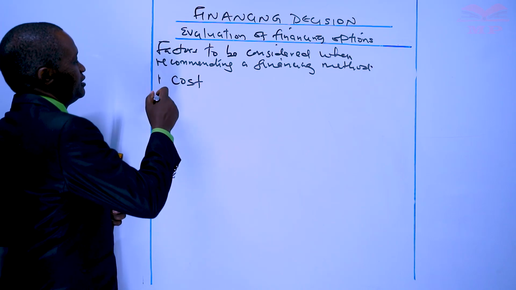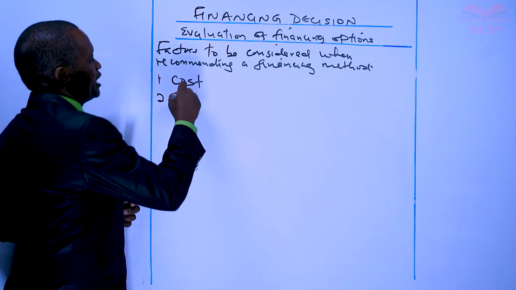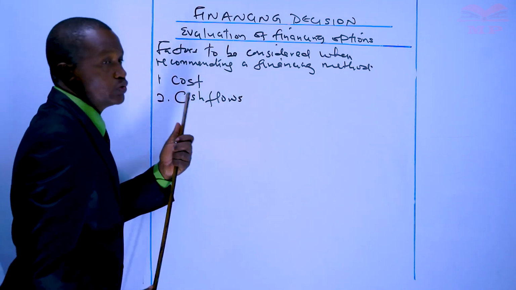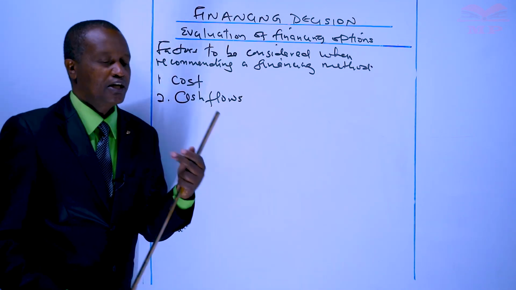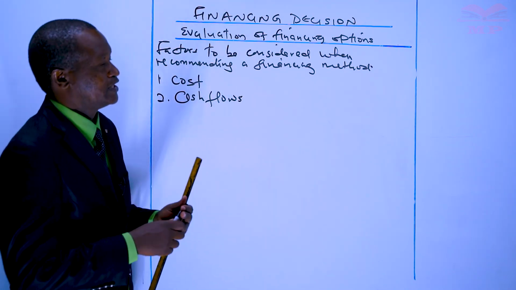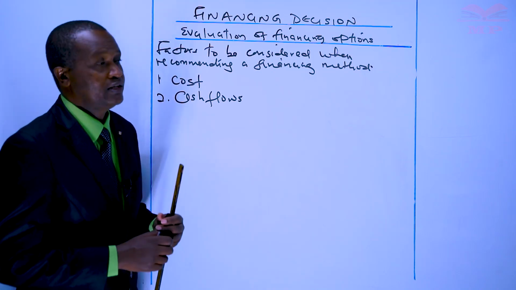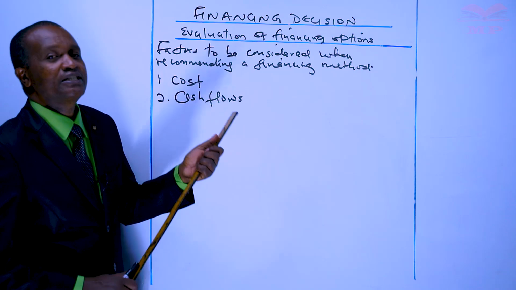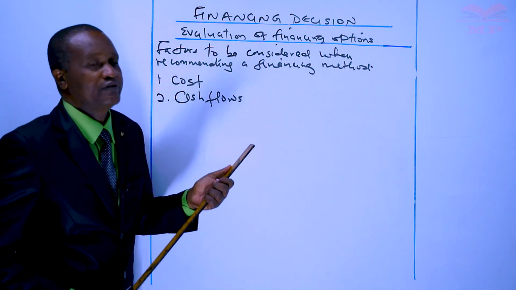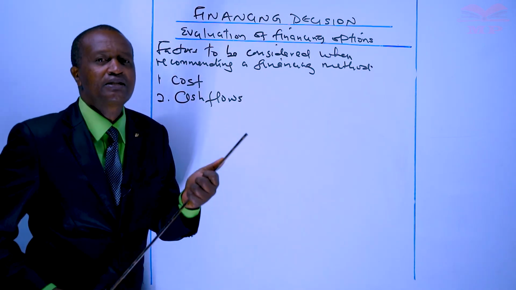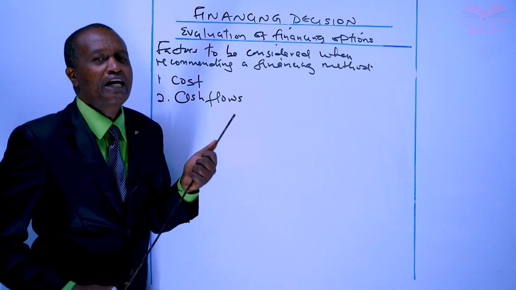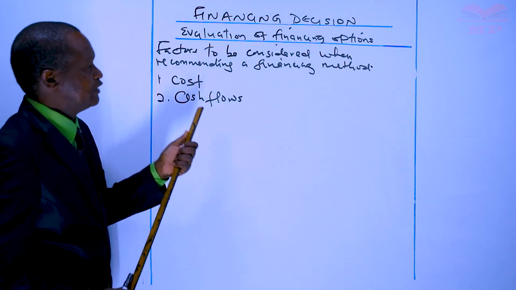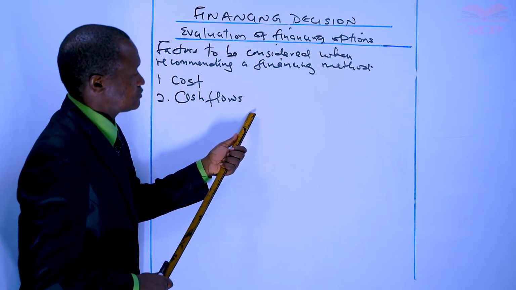The second factor is cash flows. Now, I just mentioned that generally debt finance could be cheaper than equity finance. And while debt finance is cheaper than equity finance, it places on the company the obligation to pay out cash flows in form of interest.